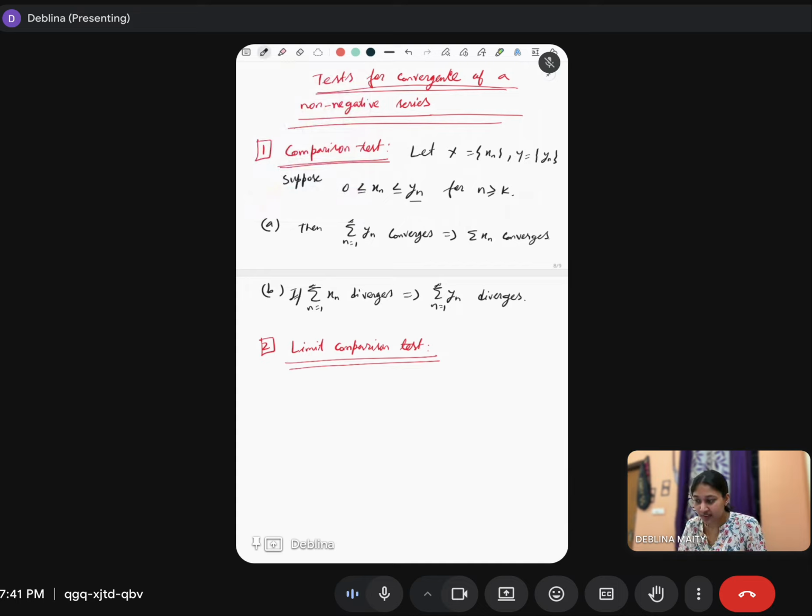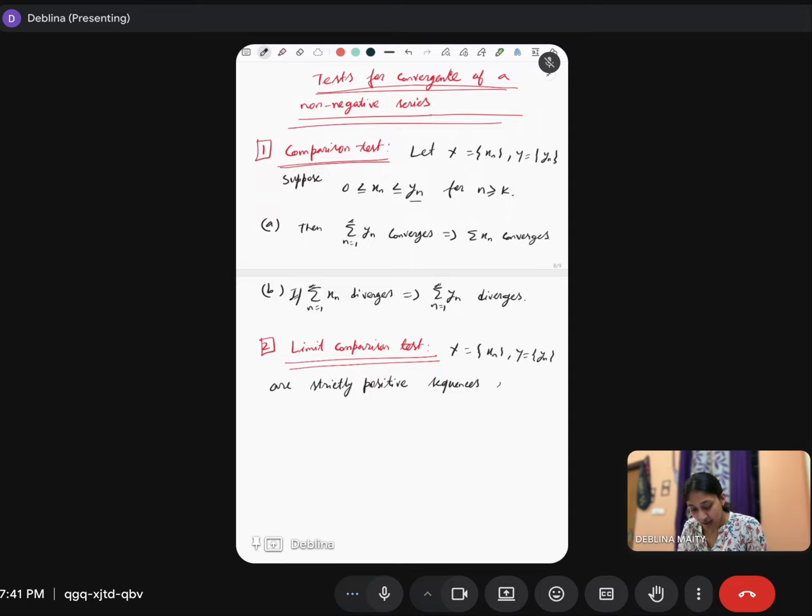It is also a comparison, so there will be two sequences, x is xn and y is yn, and they are strictly positive sequences. For comparison we have taken non-negative, greater than or equal to 0, but for limit comparison both sequences have to be strictly positive.